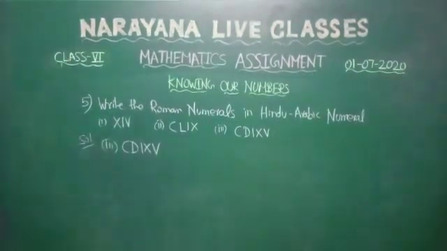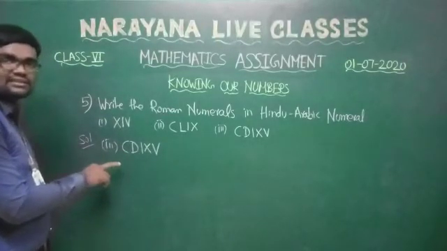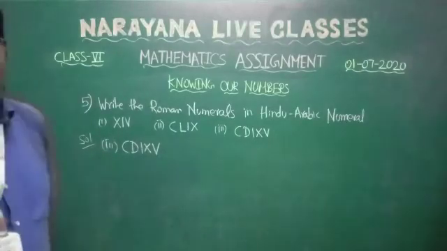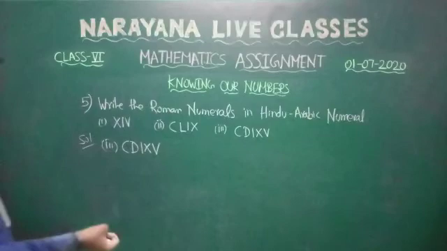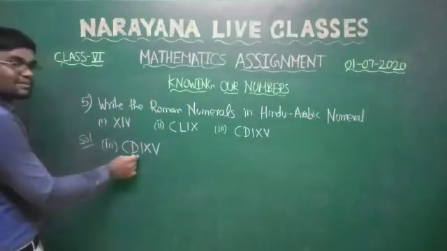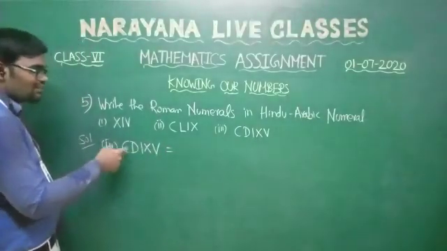So this is the solution for the last problem. Here C and D are coming. C is 100, D is 500, L is 50. So if a greater number comes, you write the greater number and the small number, or the small number and the greater number.